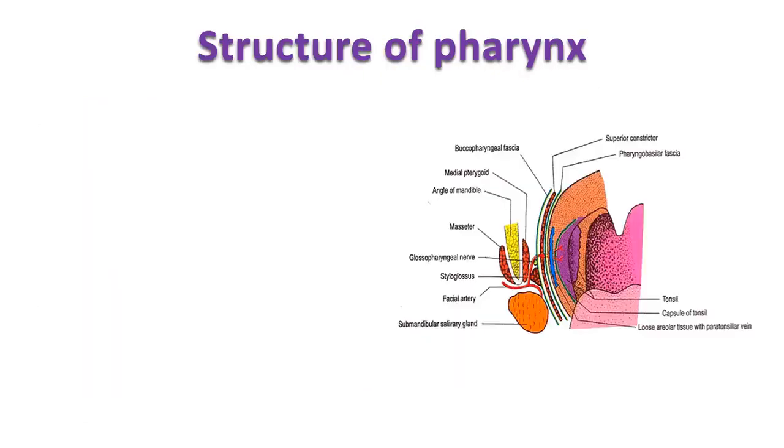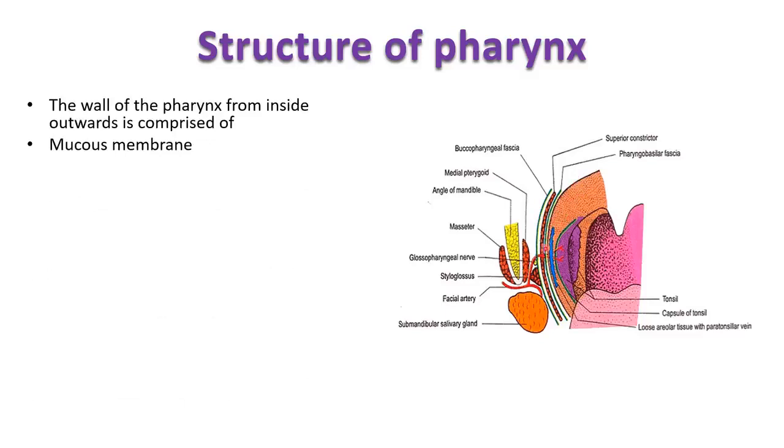Next, coming to the structure of the pharynx. Here you are able to see the wall of the pharynx with so many layers. From inside outwards, the wall of the pharynx is formed by the mucous coat, then deep to the mucosa the submucosa. Then you have one more fascia-like membrane lining it, called the pharyngobasilar fascia.